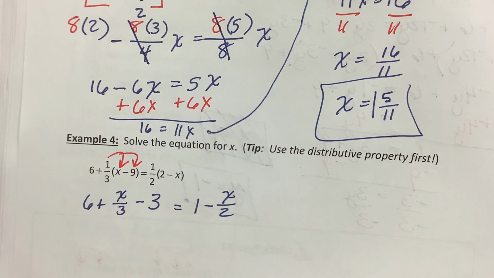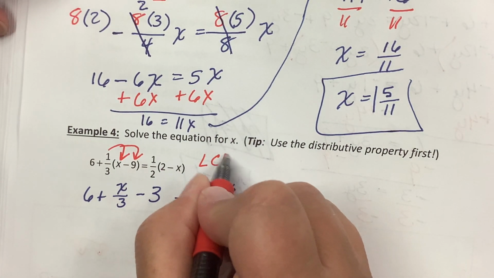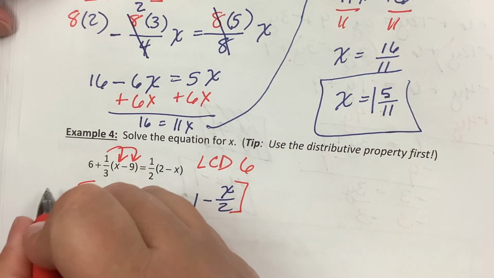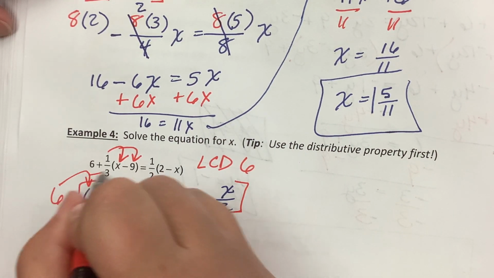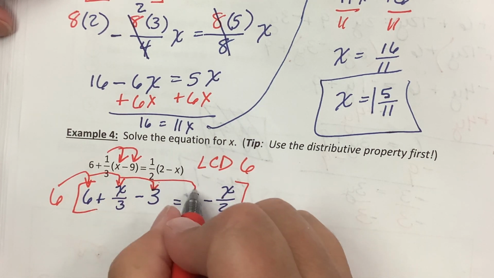Okay, now I have to go back and get rid of all those fractions because I don't like them. Least common denominator here is 6. So everybody times 6. 6 times 6, 6 times x over 3, 6 times 3, 6 times 1.